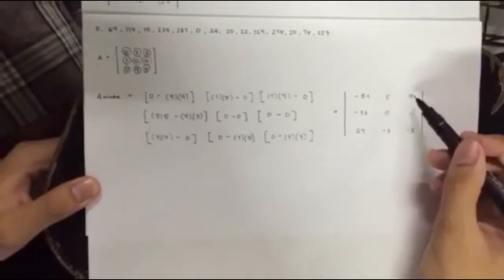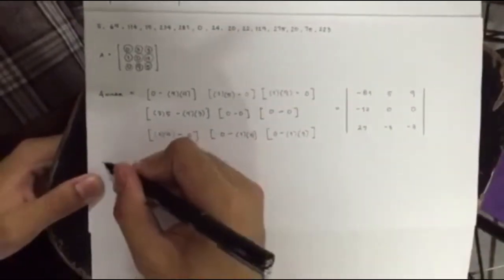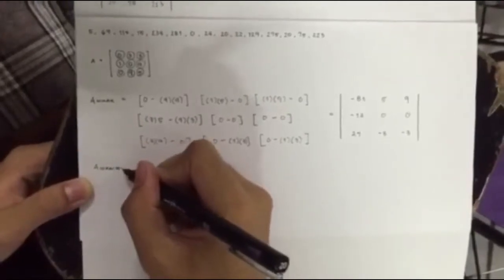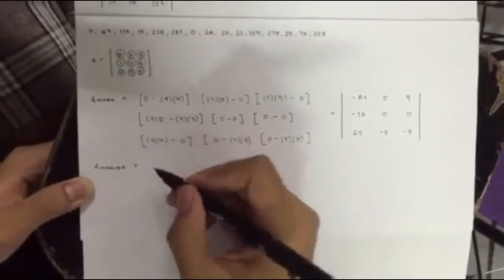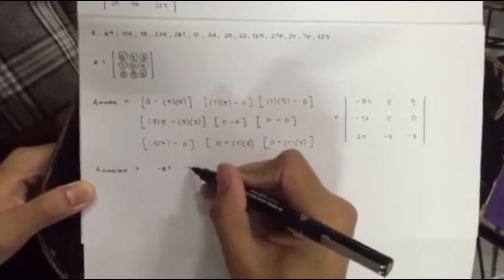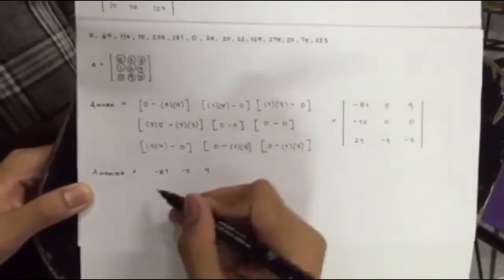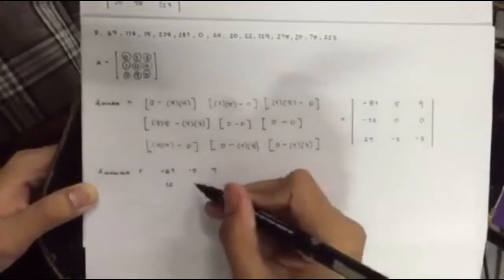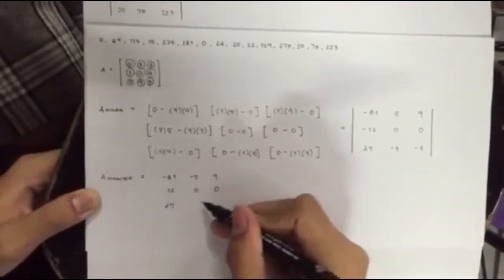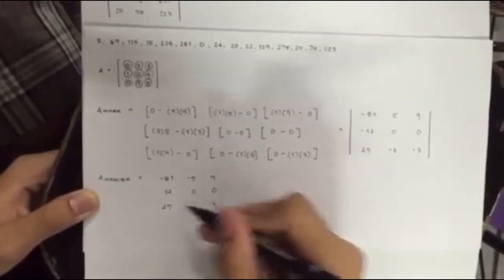Then we would get the cofactor of this. The cofactor will be equal to negative 81, negative 5, 9, 12, 0, 0, 27, 3, and negative 3.